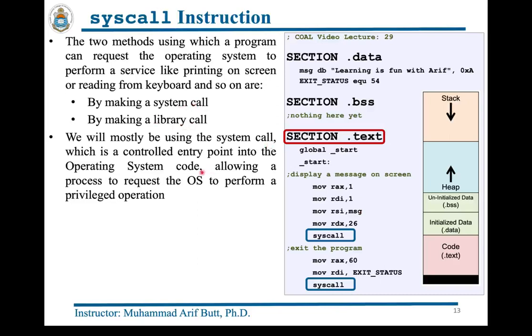Over here in this program, we are using the system call. And remember, a system call is a controlled entry point into the operating system code, allowing a process to request the OS to perform a privileged operation. In simple words, a system call is just like a function call. The only difference is that the code of the system call is not inside the user space, rather it is inside the operating system kernel space.